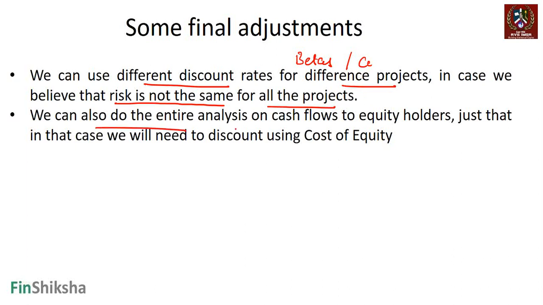We can also do an entire analysis on cash flows to equity. In that case, all we'll have to do is use the cost of equity while discounting instead of the cost of capital, right? Those are some of the final adjustments that we can do.